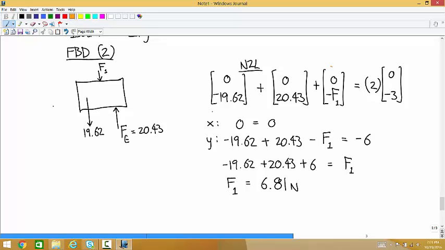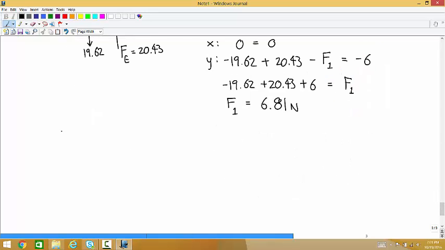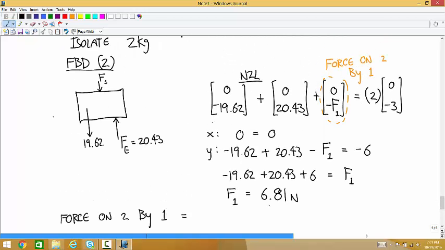Now this is the force vector on the 2 by the 1. So the force on 2 by 1 you get from plugging 6.81 back in here.